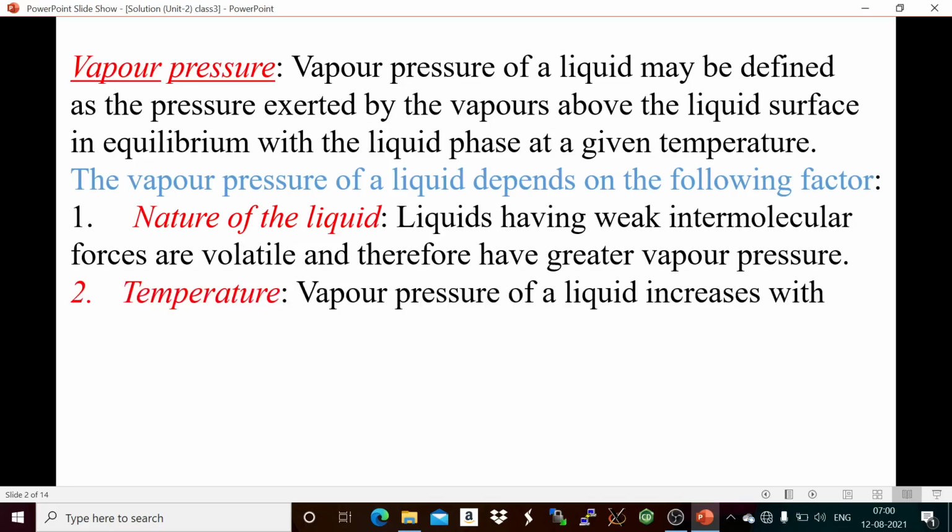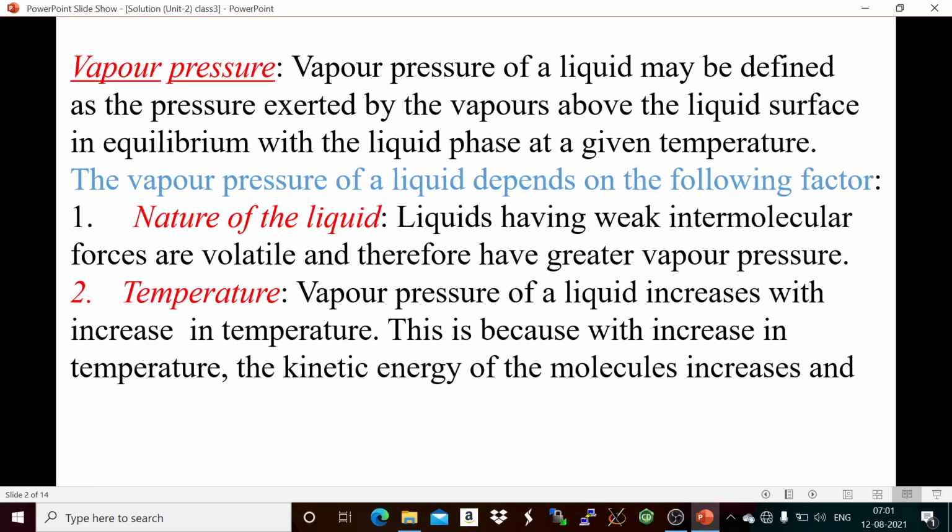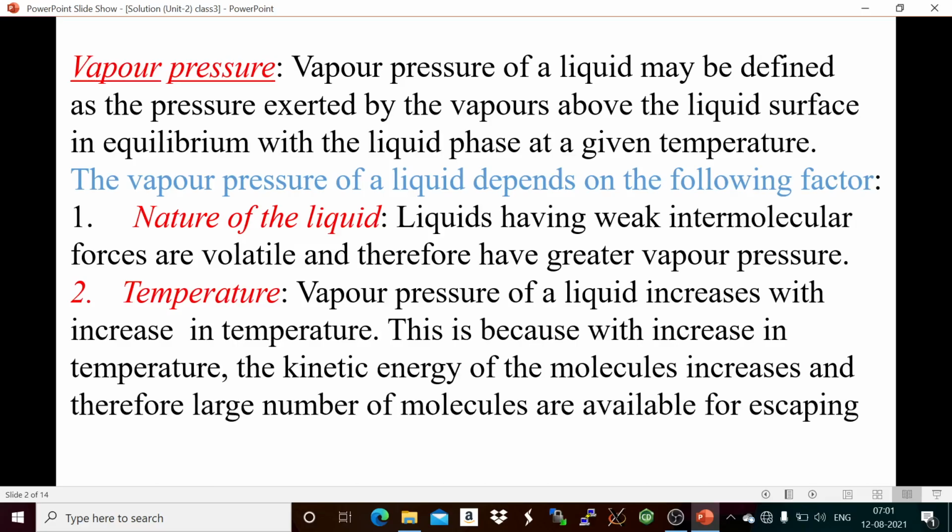Another factor is temperature. Now vapor pressure of a liquid increases with rise in temperature. So as temperature increases, vapor pressure increases. This is because with the increase in temperature, the kinetic energy of the molecules increases. So as the kinetic energy increases, the tendency of the molecules to escape from the liquid surface increases.